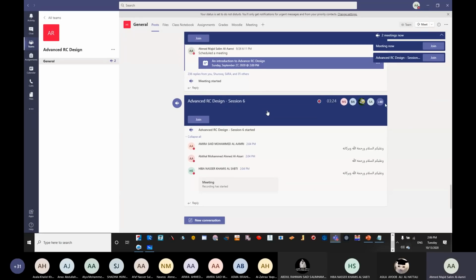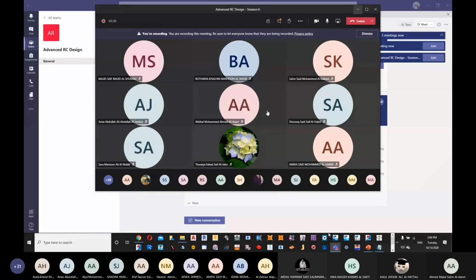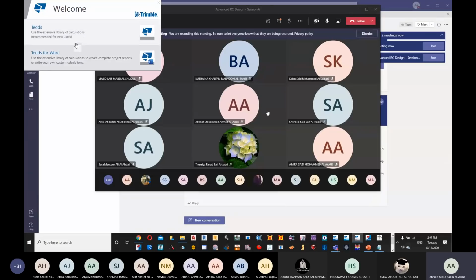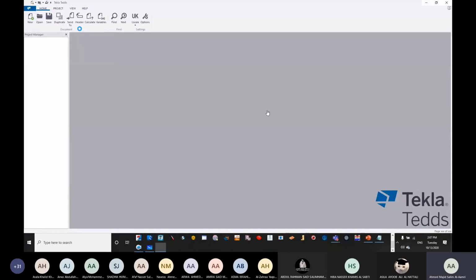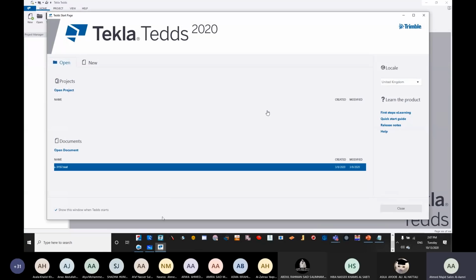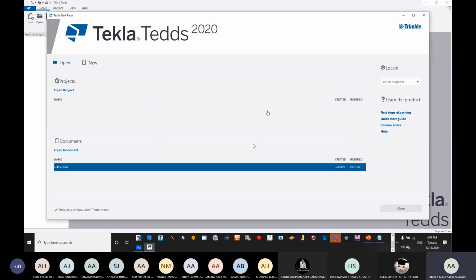Now, let us keep the Tekla later. Or Tekla. Okay, so we'll go with Tekla first. Now, can you see? You can see, right? Yes, Mr. We can.